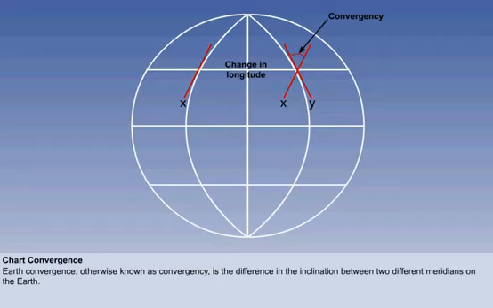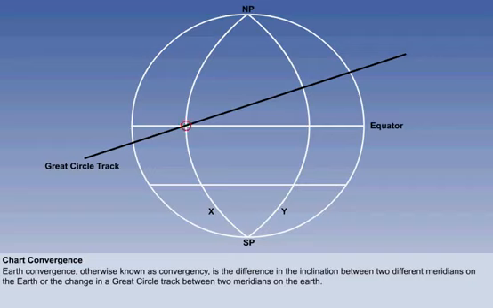We are now going to look at the difference between Earth convergence and chart convergence. Earth convergence, otherwise known as convergency, is the difference in the inclination between two different meridians on the Earth, or the change in a great circle track between two meridians on the Earth.